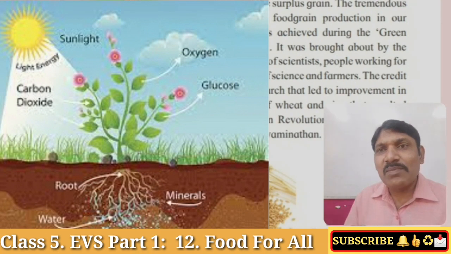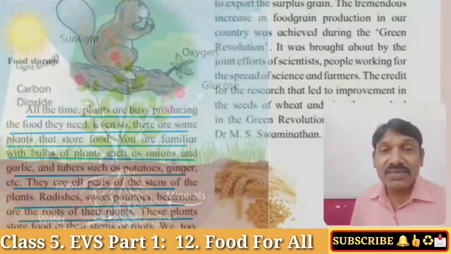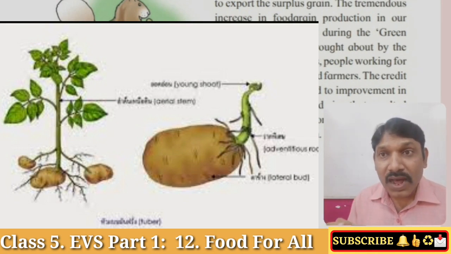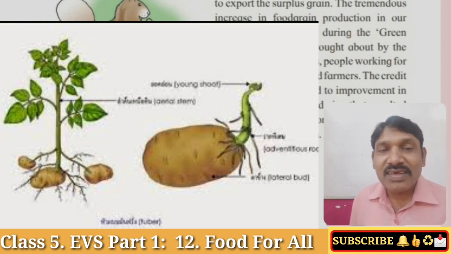So always the plants are busy in producing food, as well as there are some plants that store food. Most plants store their food in the stem, we know. You are familiar with the bulbs of plants such as onions and garlic, and tubers such as potato and ginger. Okay, student, have you understood? Very good.